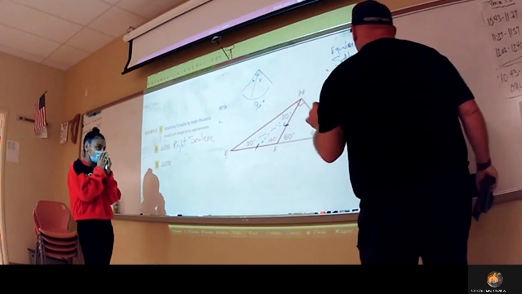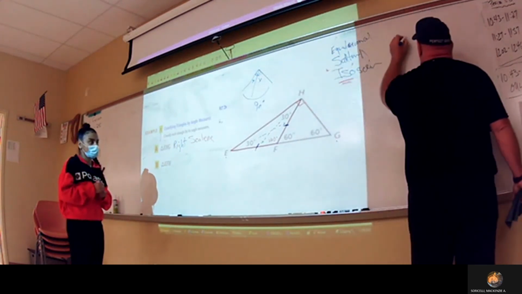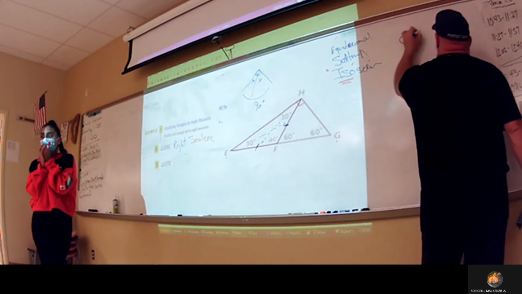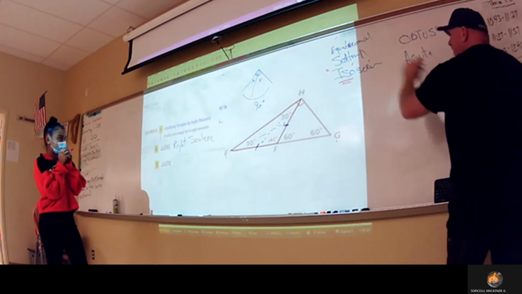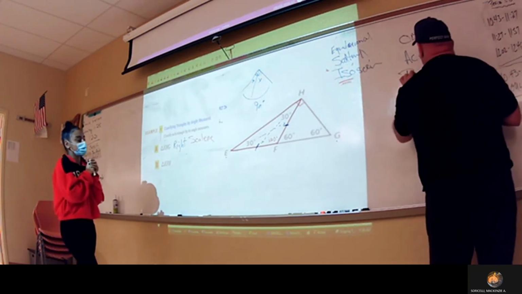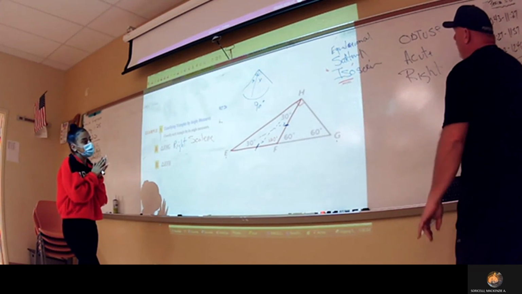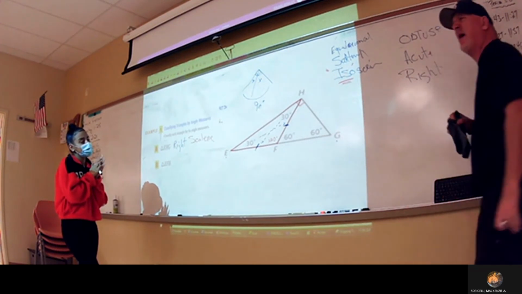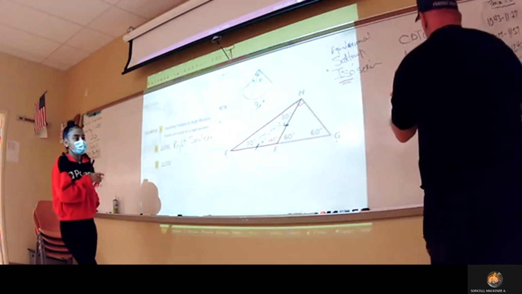So my classifications for angles, I've got obtuse, I've got acute, not cute like Danielle cute, but acute. And then I've got right, and what else do I have? Equiangle.